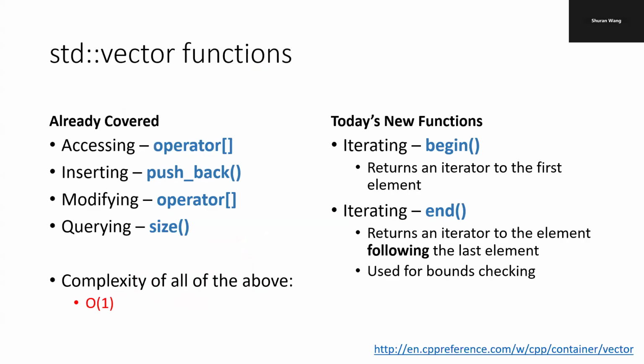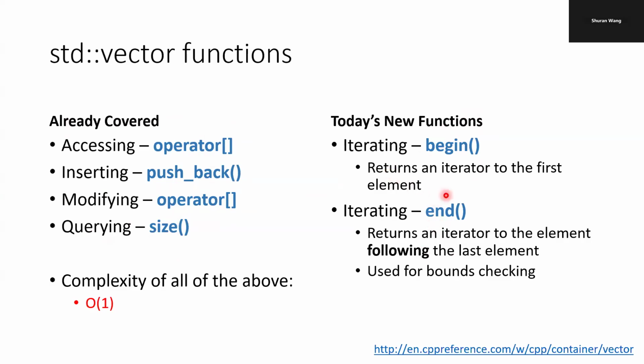Let's still take the vector as an example. We can use the square bracket for accessing and modifying. We can insert using push_back. We can query with size, all of those with complexity O(1). Adding on iterator functions, we have the begin function and the end function.